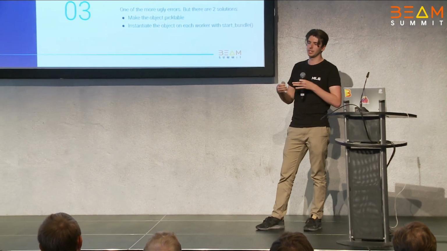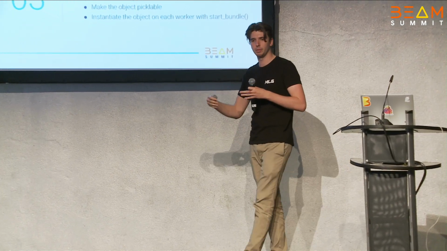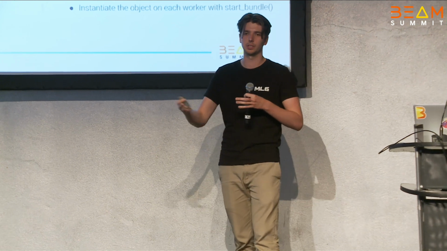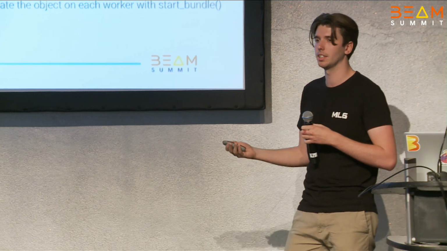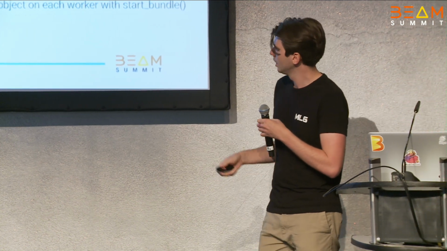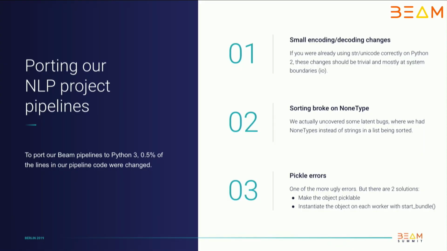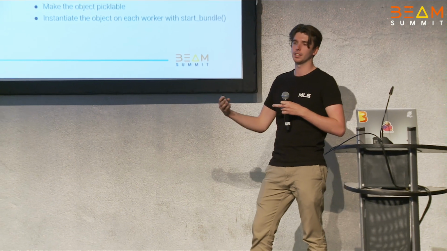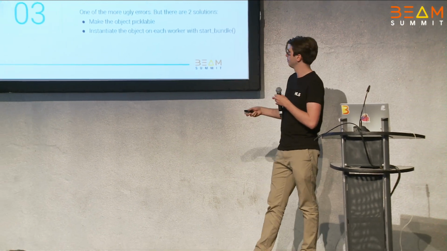We were sorting based on a string key, which can be None in some cases, and then the sorting actually didn't work correctly. So this is already an improvement for us by using Python 3. And then finally, we encountered some pickle errors, which are some of the more ugly errors. Pickling has changed a bit between Python 2 and 3. Just as a tip, there are two solutions to solve this. The first one is to make your object pickleable, but this is not always easy if you're using packages from a third party.